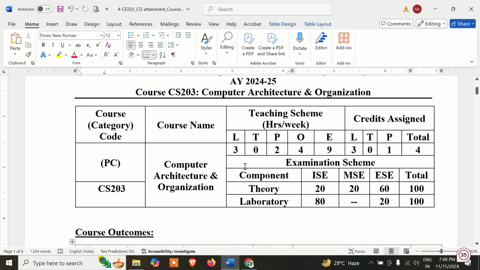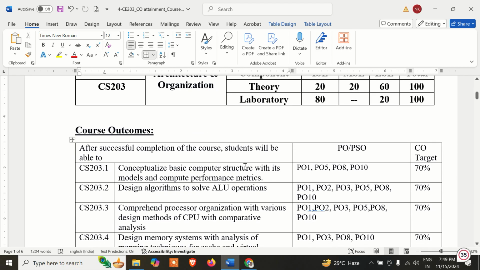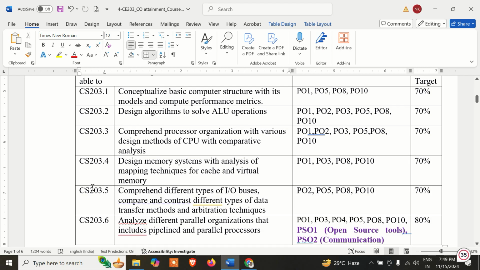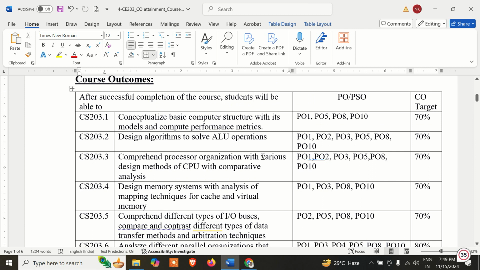In the previous session, we discussed computer architecture and organization, and how to create an OBE file. As we have discussed, the course outcomes are based on the learning objectives, that is Bloom's taxonomy, and they need to be mapped with the program outcomes which are given by accreditation bodies.